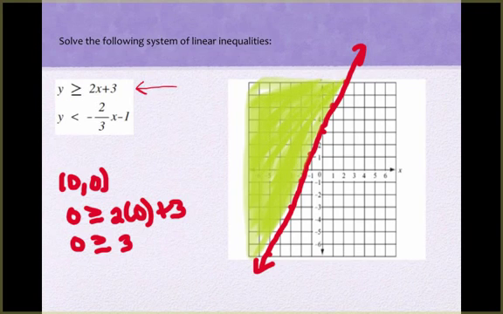Now, if I take the other inequality and graph it, we're going to take y is less than negative 2/3 x minus 1. We'll start at negative 1, and our slope is negative 2/3, so we're going to go down 2 over 3.